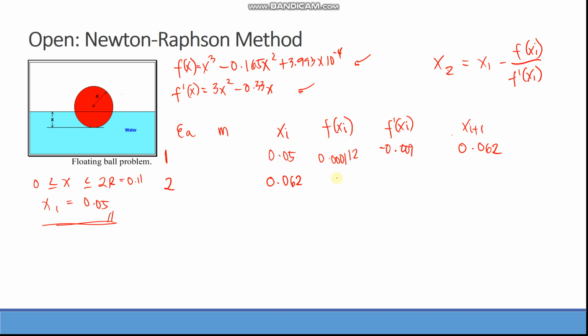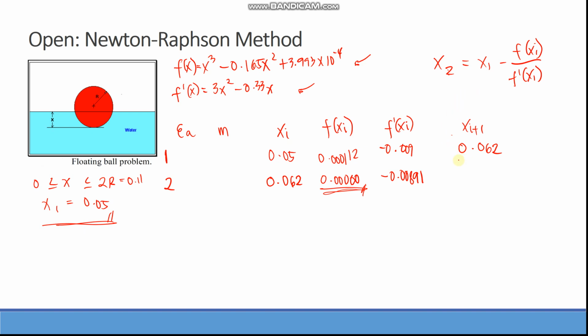Now the f of 0.062 is 0.00000 up to the fifth decimal place. And for the f prime of x, we have negative 0.00891. So you can see that this is already as good as 0, right?